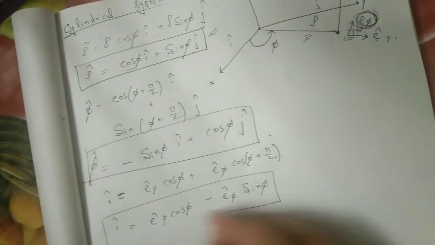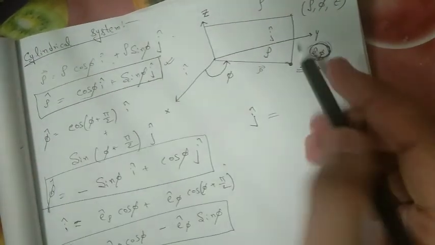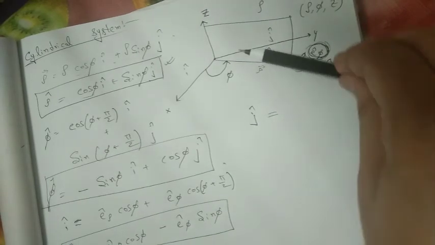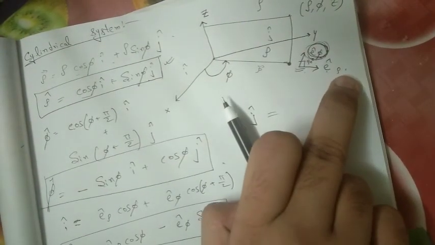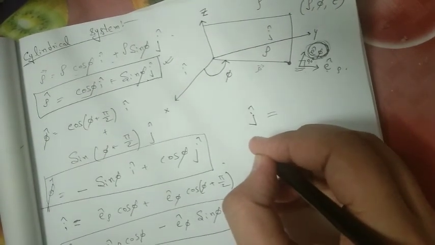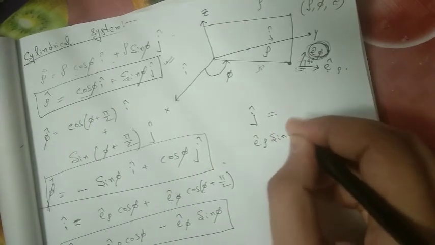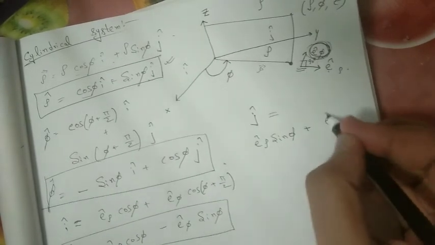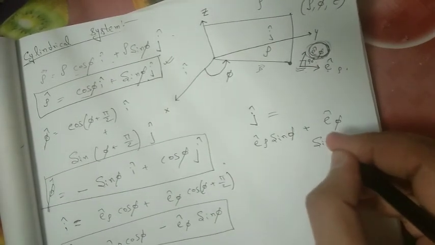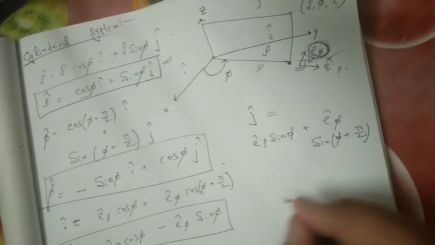Our last relation is with j. I'm writing here, j cap is equal to, obviously the sine for this rho cap, rho sine phi, plus obviously phi cap sine, and we are going to add 90 to it since it is 90 degrees ahead.